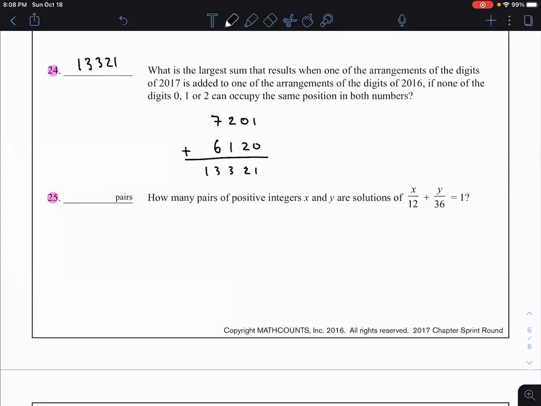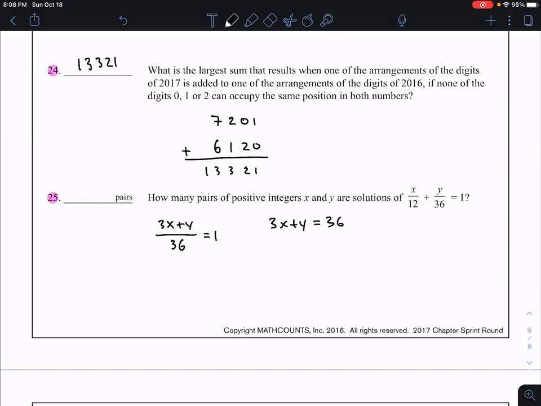25, how many pairs of positive integers x and y are solutions? So for this problem, we're gonna turn everything into one fraction. So our common denominator is 36, and our numerator is 3x plus y. This is equal to 1. Now if you cross multiply, you get 3x plus y is equal to 36.